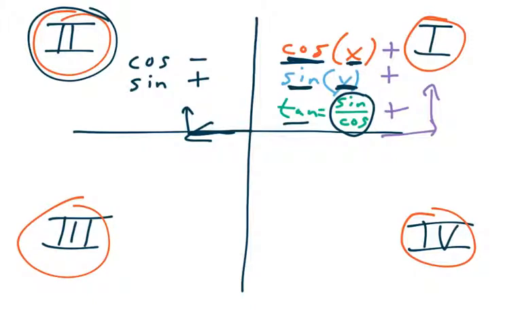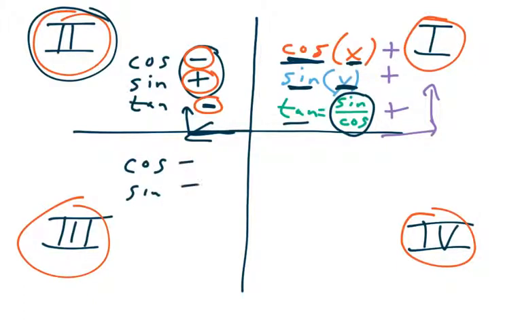Since these are different signs, my tangent is going to be negative, because a negative divided by a positive, or positive divided by negative, is always a negative. So that's how the second quadrant works. Now the third quadrant, cosine and sine are both negative. And because of that, tangent's going to be positive, since a negative divided by negative is positive.